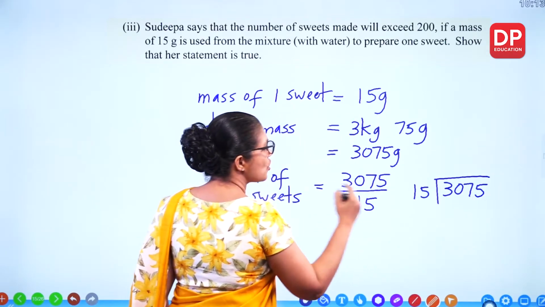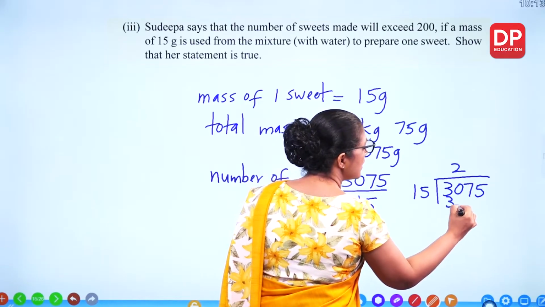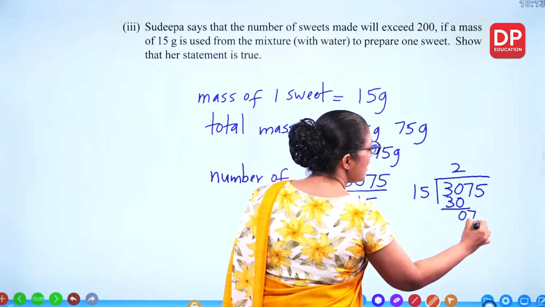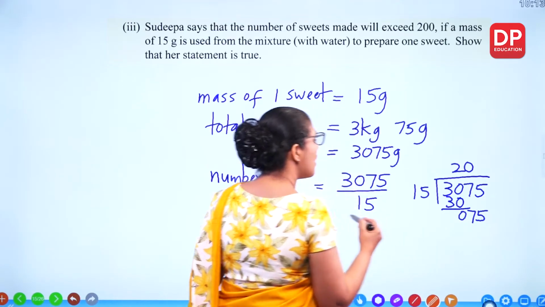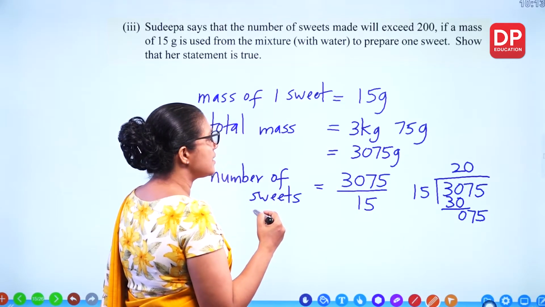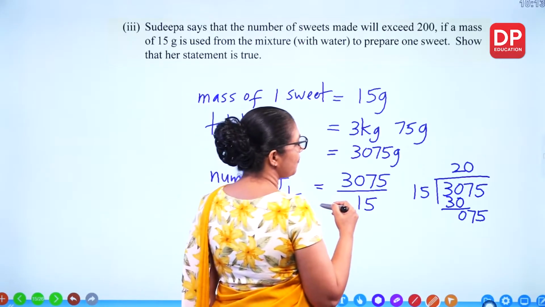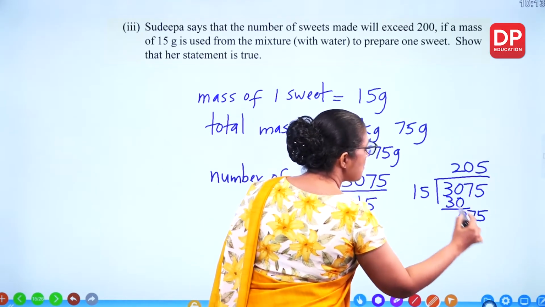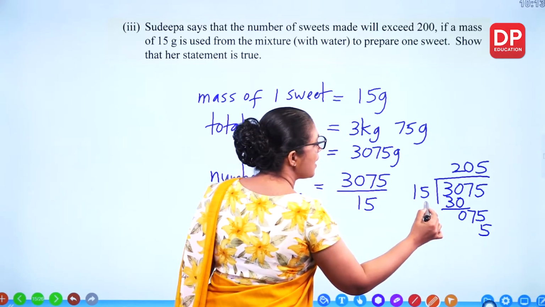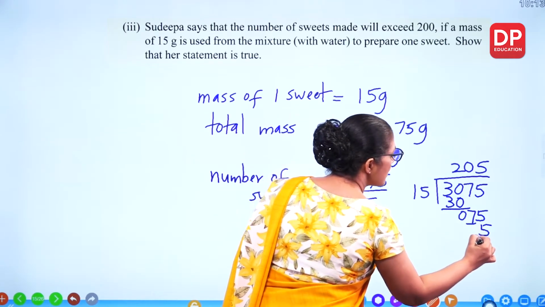We'll do long division. 15 times 2, 30. For 7, that's nothing. For 75, how many? You get 5. 5 times 5, 25. And 5 times 1, 5 plus 2, 7.